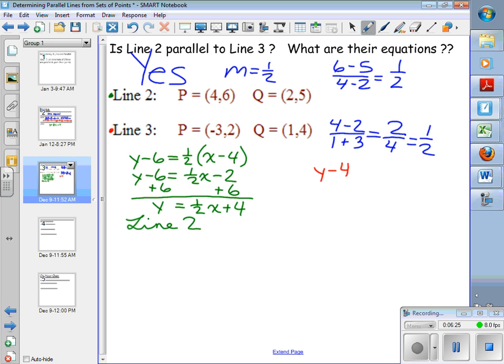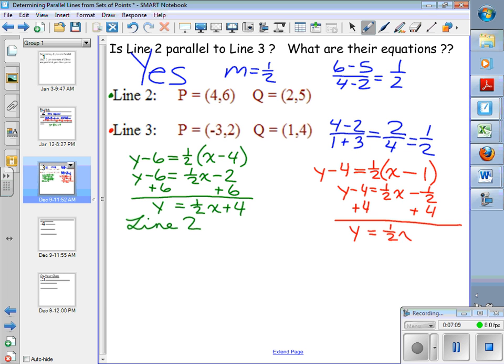Either one's not going to be very pretty because we're going to have to deal with half of an odd number. y minus 4 equals 1/2 x minus 1/2, plus 4. y equals 1/2 x plus 3 1/2.